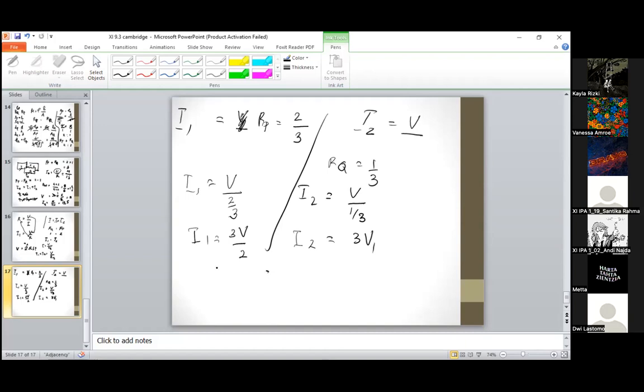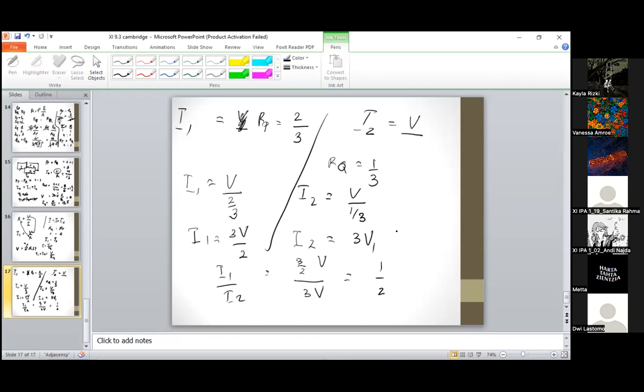And the question is I1 per I2. So we get this, 3 per 2V. So 1, 2, like this.